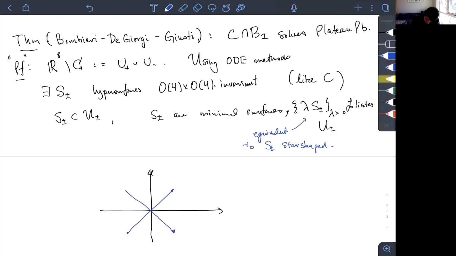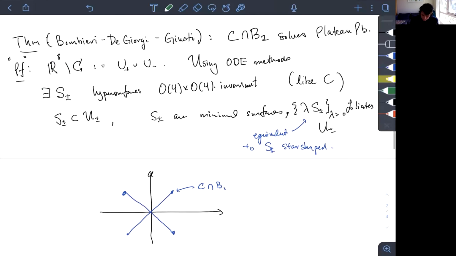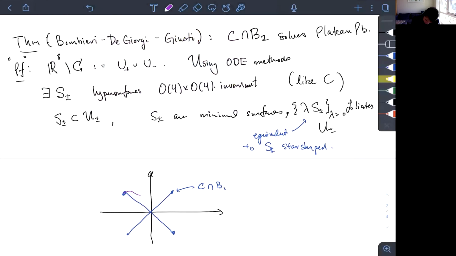So this is supposed to be C intersect the ball. Then suppose that there was some other competitor, sigma.